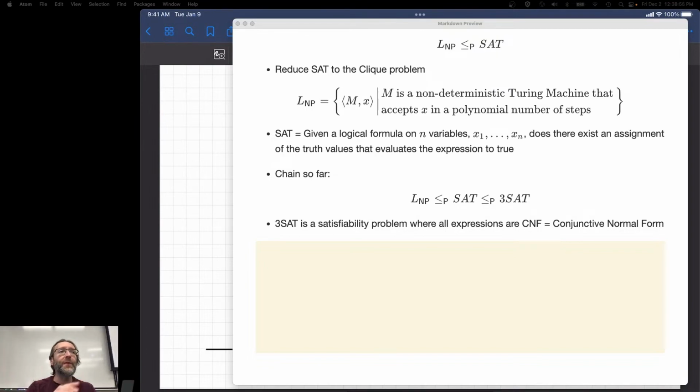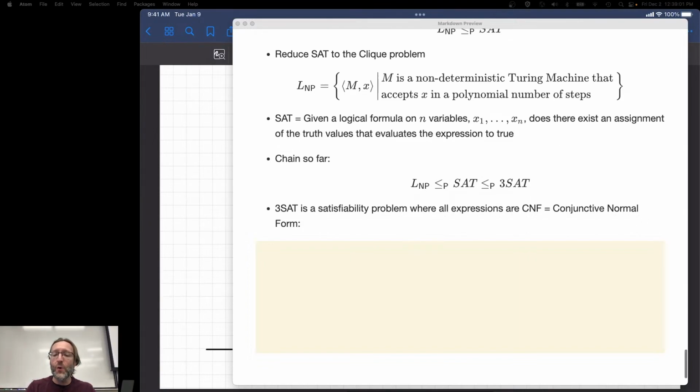what we're going to simplify this down to is 3 SAT, where it's actually 3 CNF SAT, where everything is in conjunctive normal form, meaning that you have a series of clauses, each of which is a disjunction, right? Ors.